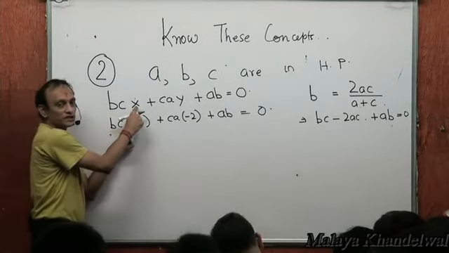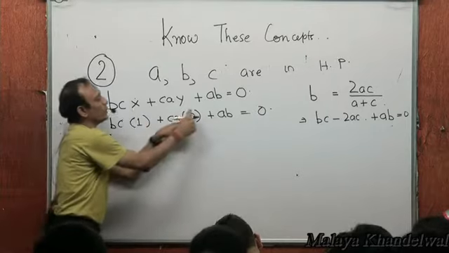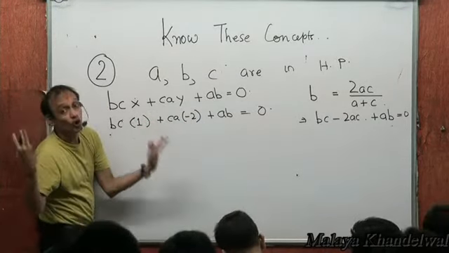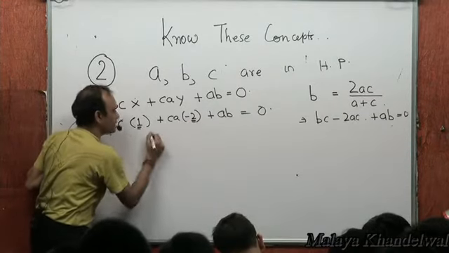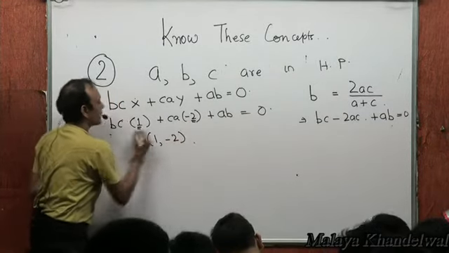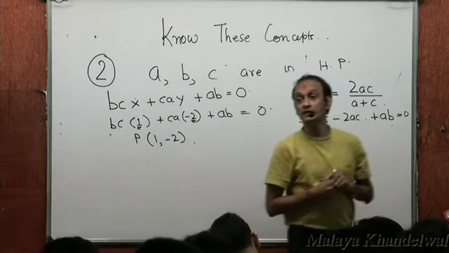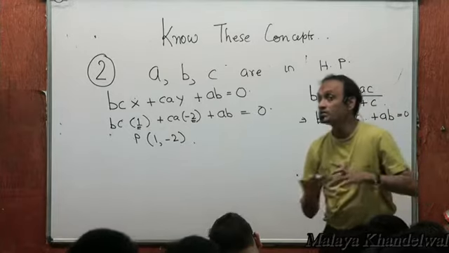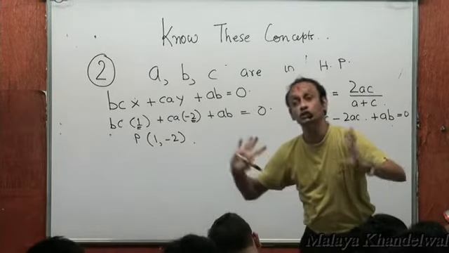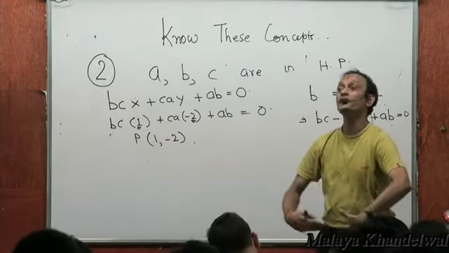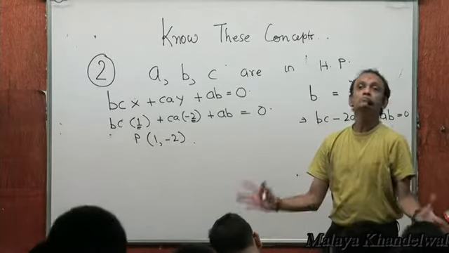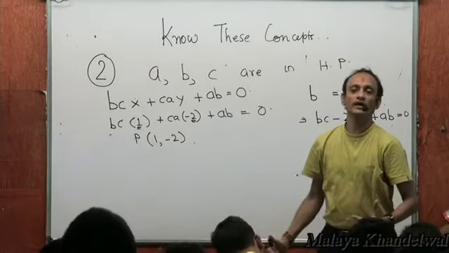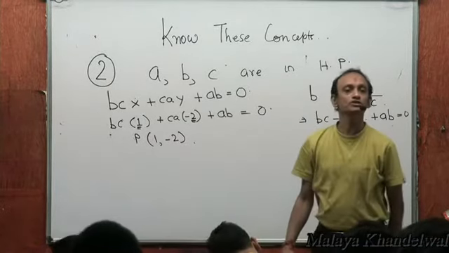That means this equation will always be satisfied by x equal to 1 and y equal to minus 2. So this again represents a bunch of concurrent lines, and the point of concurrency would be 1 comma minus 2. There was no necessity to convert it into a linear combination, although that could have been done. It's all right to do that as beginners, but as you mature in the subject, you might be able to dispense with it on a large number of occasions.